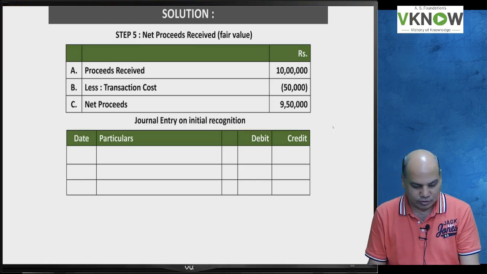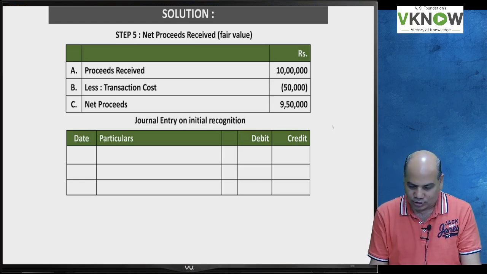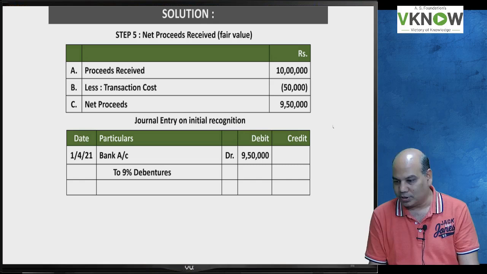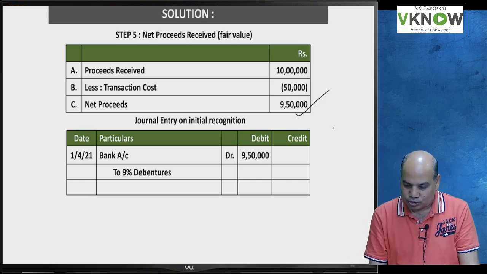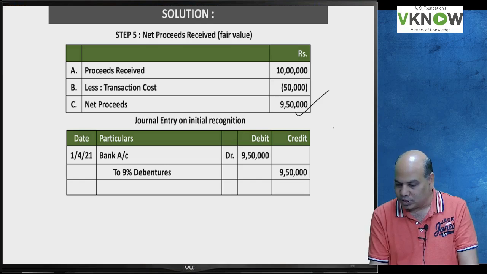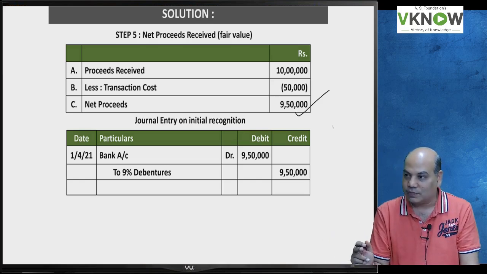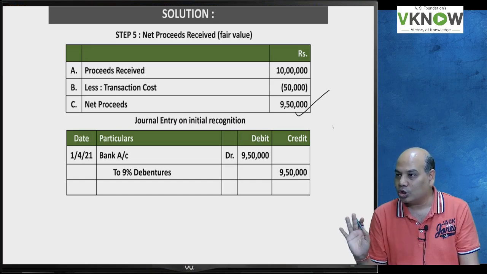Now write down journal entry on initial recognition, right hand side, debit credit. On 1st April, we are directly going to record bank account debit 950. There is no need to pass two entries. If you want to pass two entries, bank to 9% debenture 10 lakh, 10 lakh, and the next entry will be 9% debenture 50,000 to bank, not P&L account.